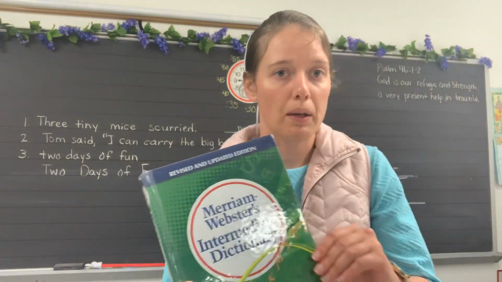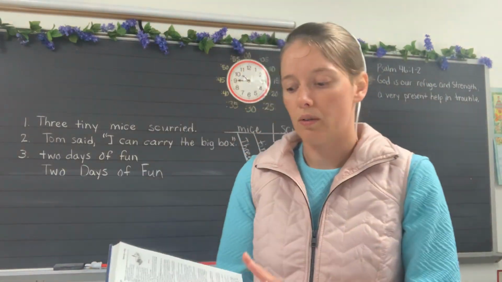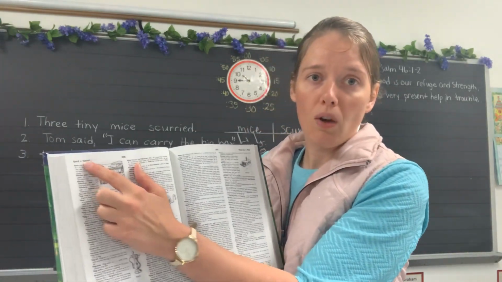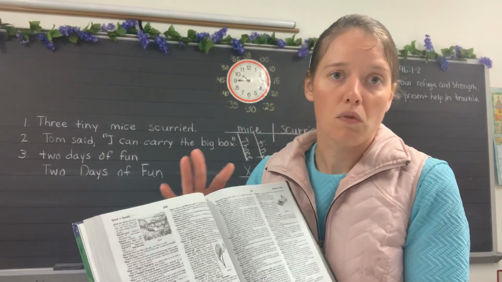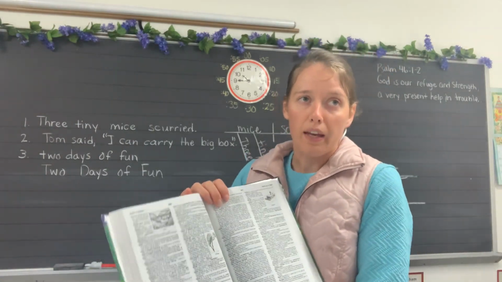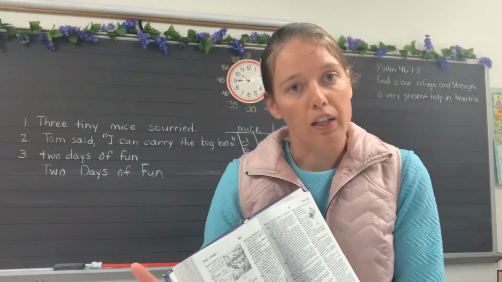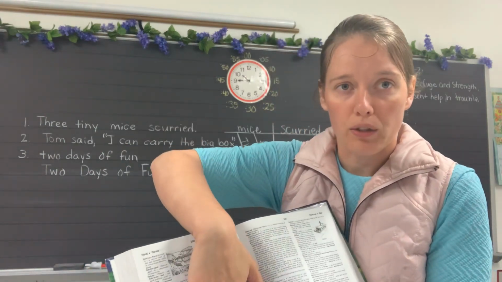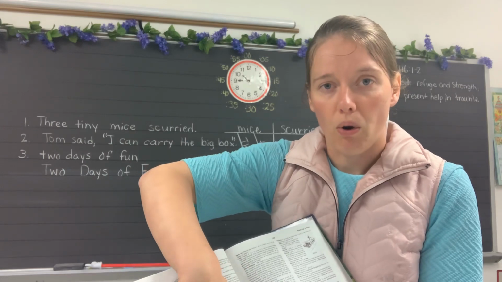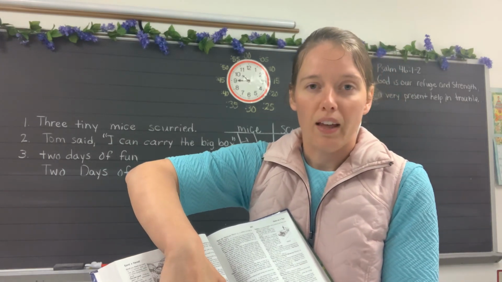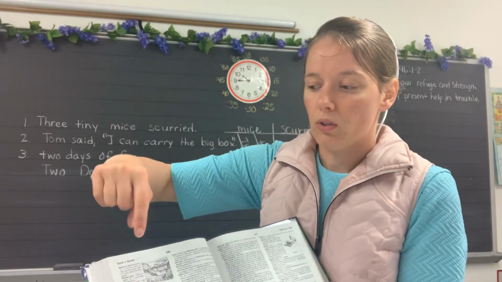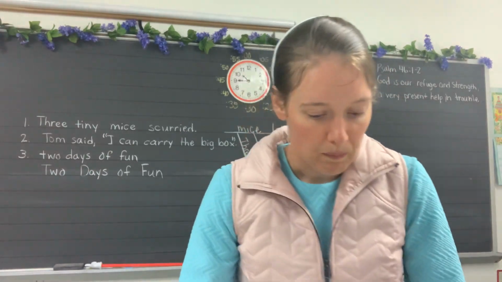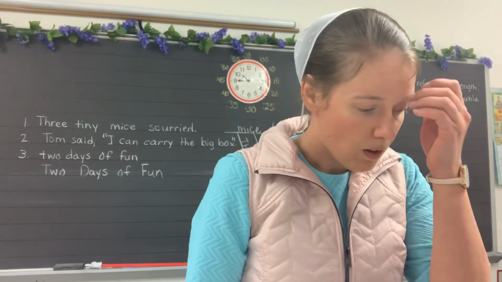So the dictionary, you would open up to a page, and the words on top here are guide words. They guide you to knowing what words are on the page. The words on the page are called entry words, and the words on the top are guide words. Okay? Try to remember that also.